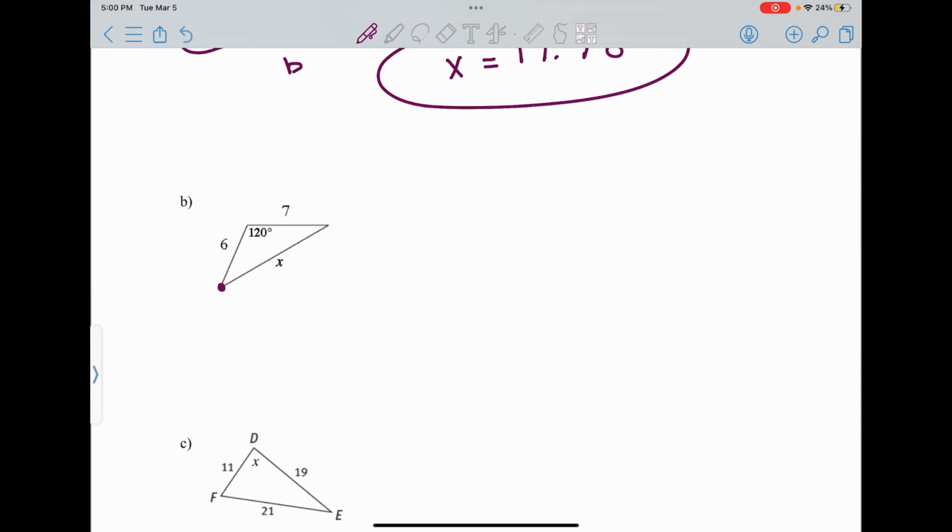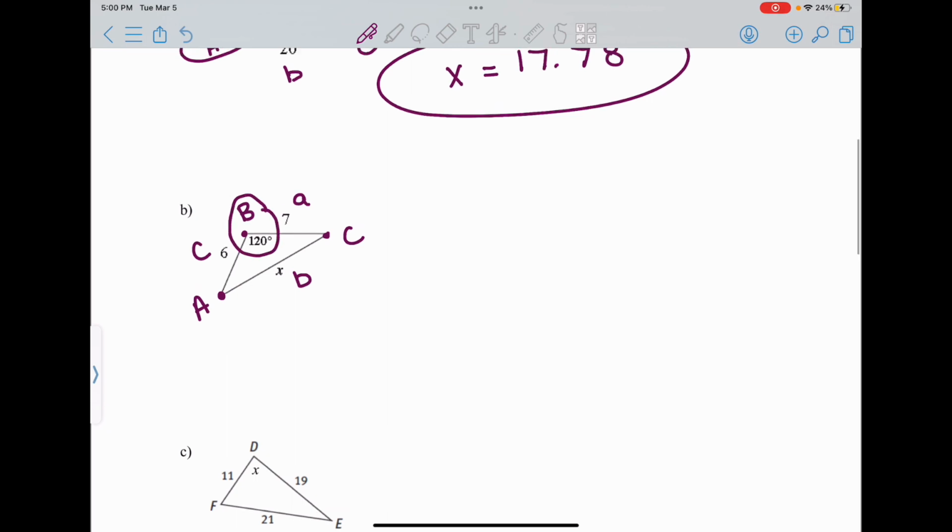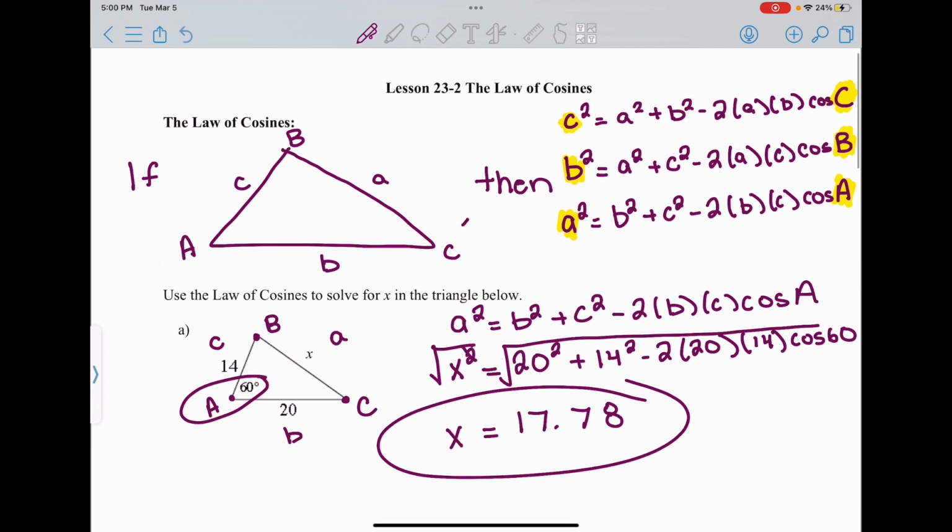I'm going to go ahead and put in my labels. And notice how this time I have angle B. So I am going to look for the equation that includes angle B. And that would be the second one.